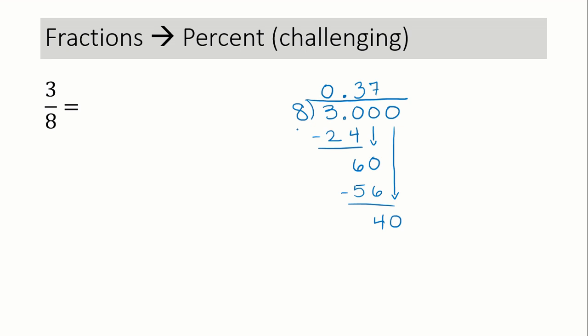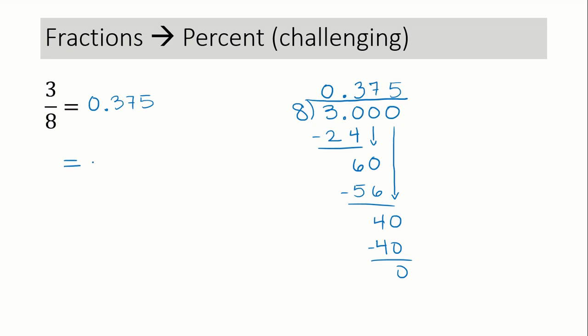And again, do some division. 8 goes into 40 5 times. 5 times 8 is 40, so that's what we're looking for. We have a terminating decimal, and that gives us our answer as a decimal, not a percent. So we'll start off just by writing out 0.375.